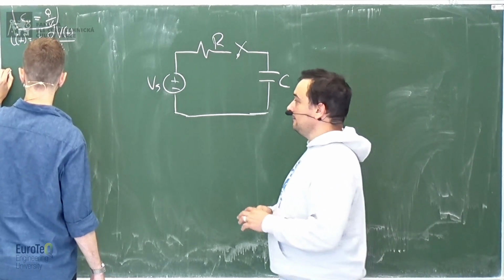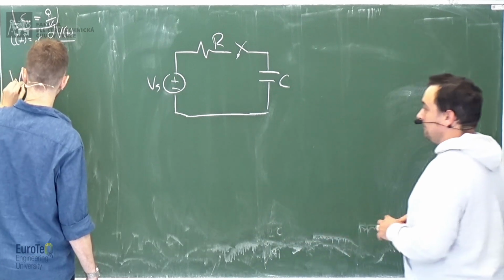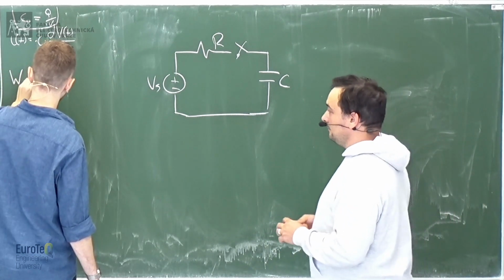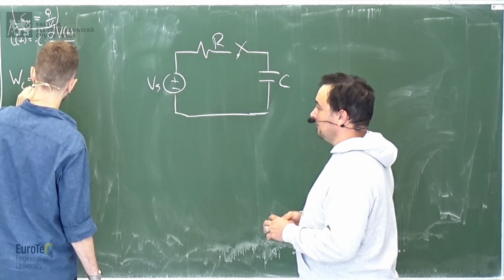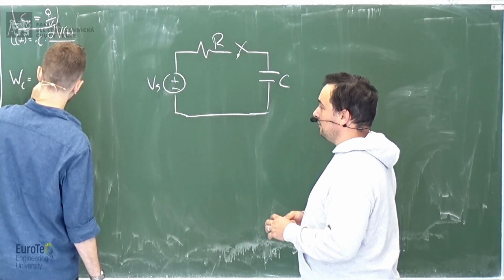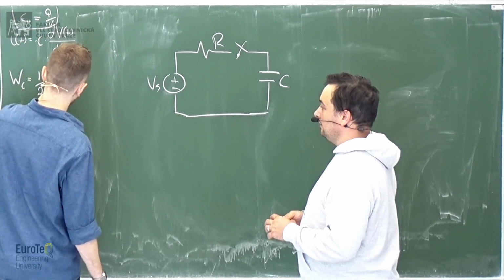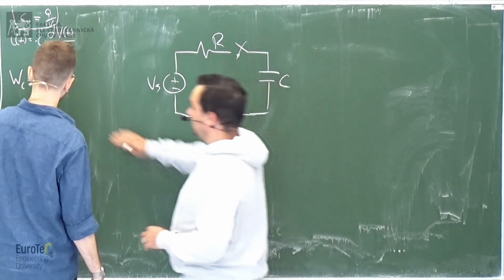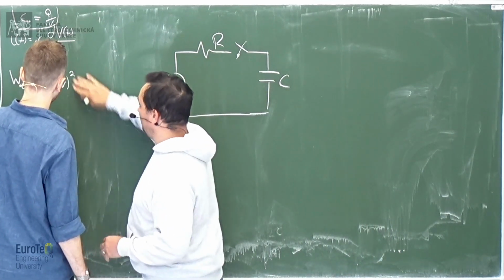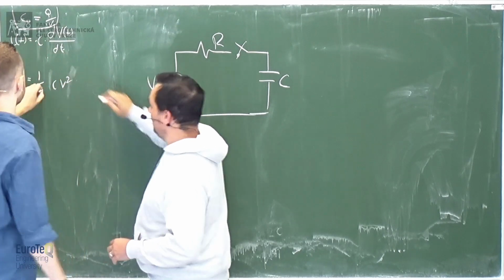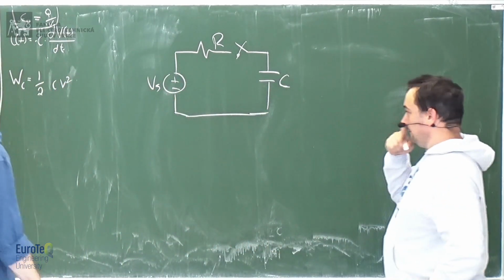And then the energy is 1/2 CV squared. Actually, CV squared, because there was a C there and that was squared and it cancelled.